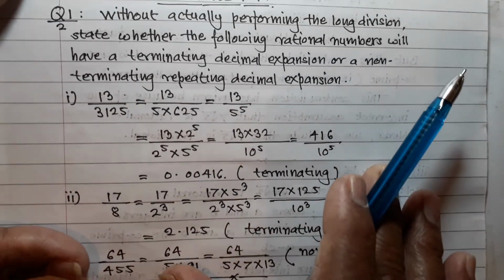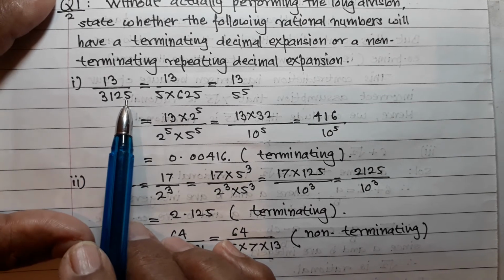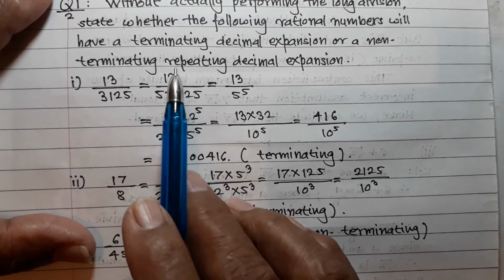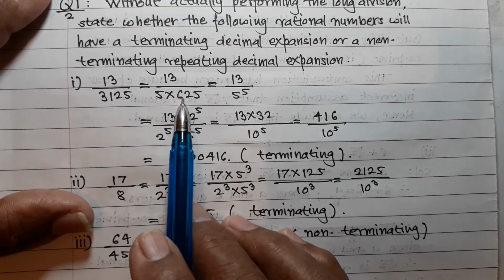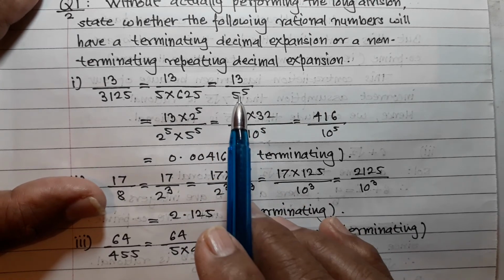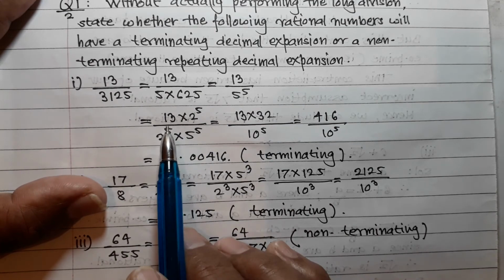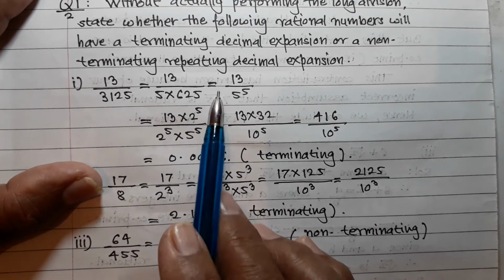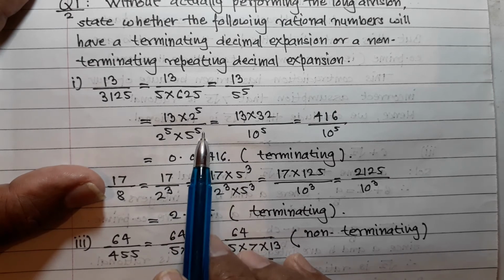Okay, now 13 upon 3125 is equal to 13 upon, this you factorize, 5 into 625, is equal to 13 upon 5 raised to 5, is equal to 13 into 2 raised to 5 upon 2 raised to 5 into 5 raised to 5.